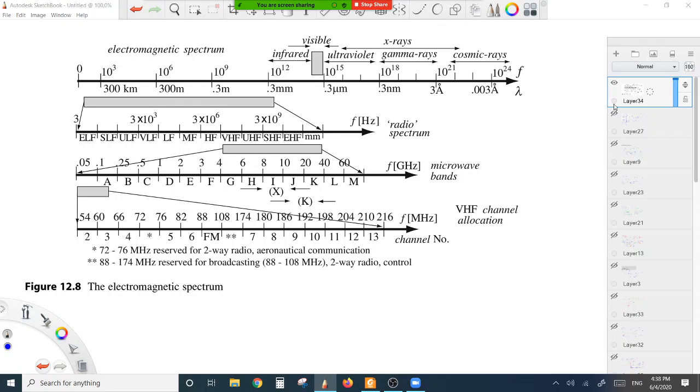Of course, the frequency of electromagnetic waves is between 0 and infinity. In some physical applications, we may not be able to use waves above a certain frequency, but they do exist.